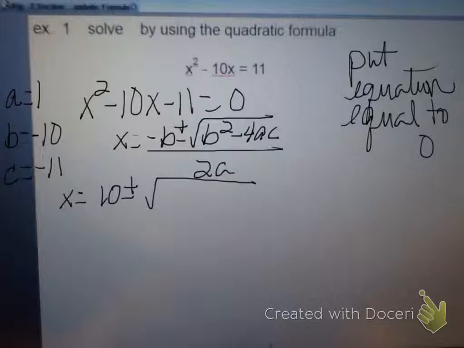Go ahead and do that mentally. What is negative 10 squared? It's 100. Minus 4 times 1 times c is negative 11. Now notice I put negative 11 in parentheses because anytime you're multiplying by a negative 11, you should enclose it in parentheses. And then 2 times a is 1, so 2 times 1 is just 2.